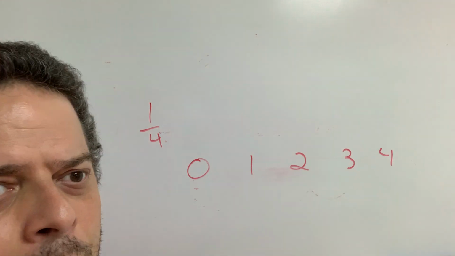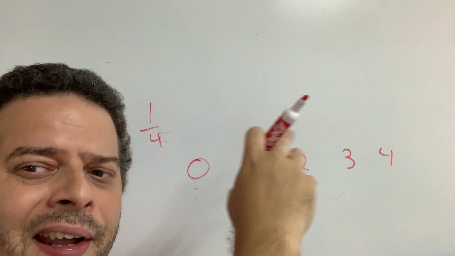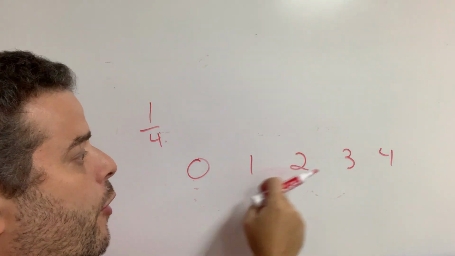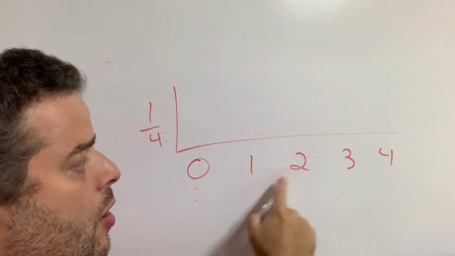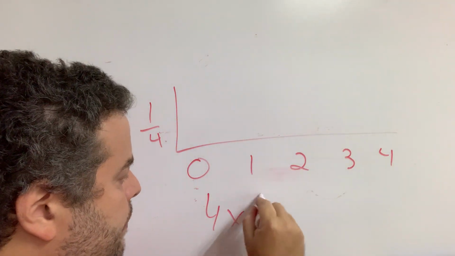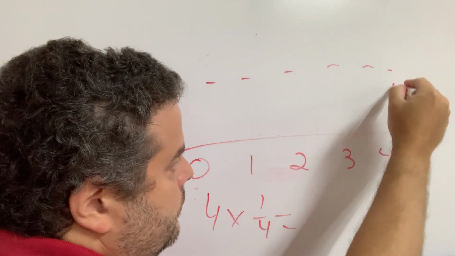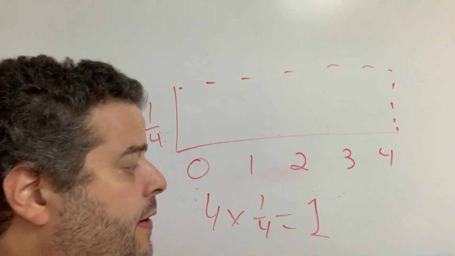Now, some people are saying, why do I care about the height? You'll need the proper height later in order to find the area under the curve. But it's pretty straightforward. If I have 4 intervals, the height has to be 1/4, because 4 times 1/4 will give this quadrilateral an area of 1. Very nice numbers here.